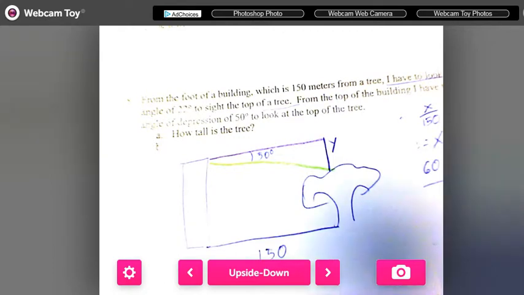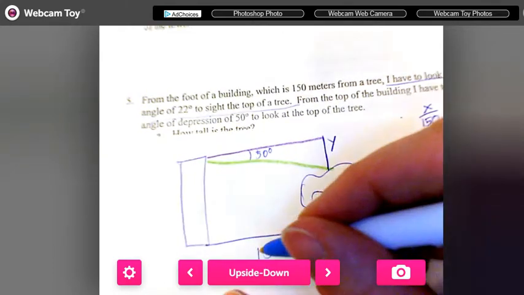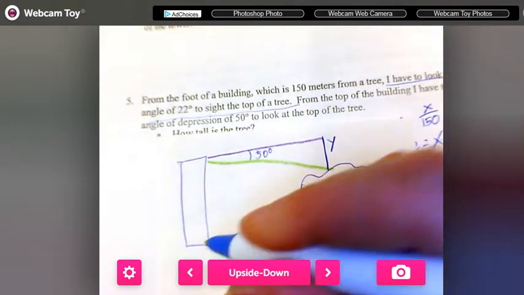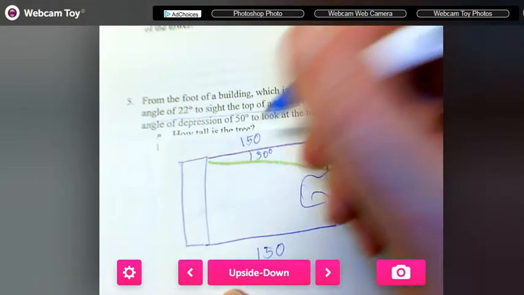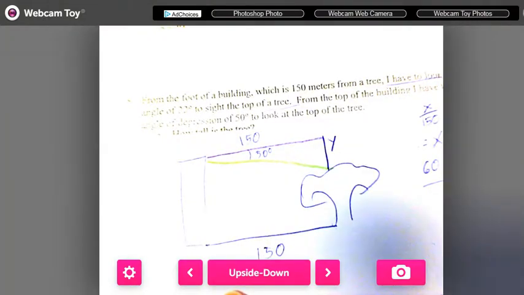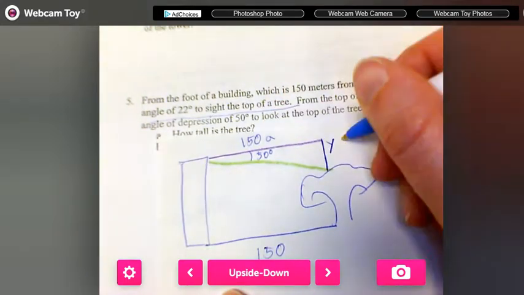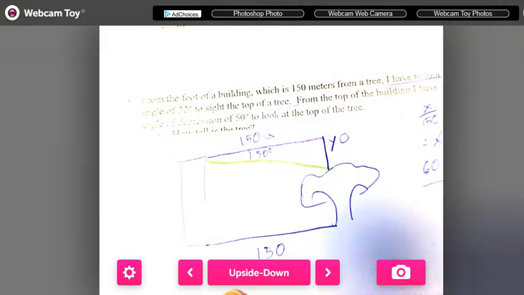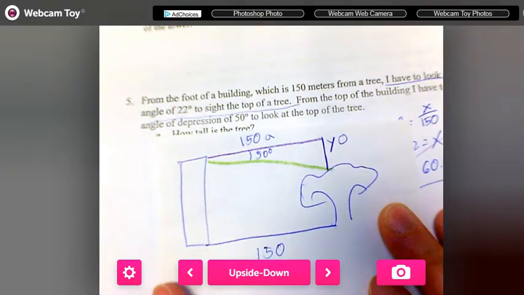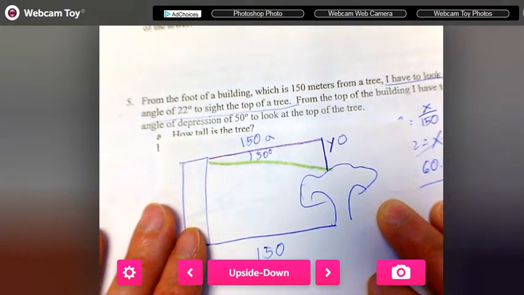Okay. So we get, this is 150. This purple distance is still 150 at the top here? Okay. So this is my adjacent. This is my opposite. So far, so good? So I'm still going to use which trig function? Okay.